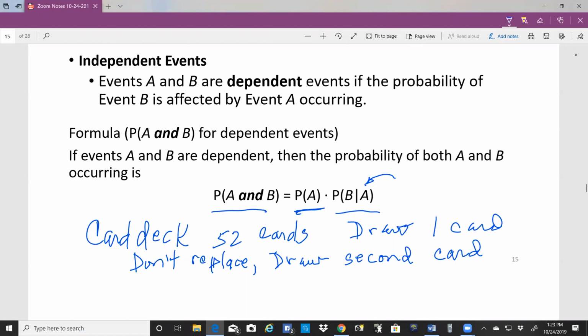What's the probability that both are kings?